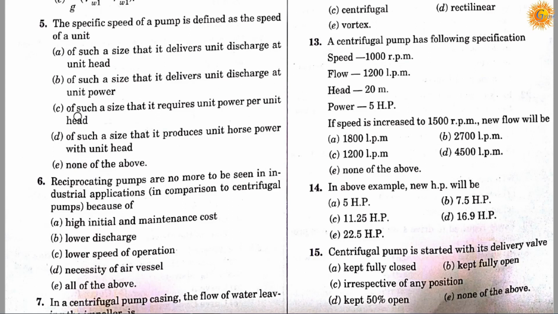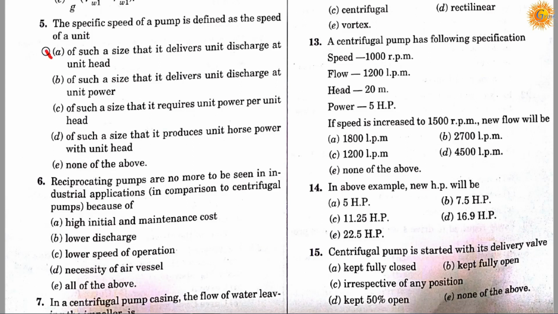Option C, of such a size that it requires unit power per unit head. Option D, of such a size that it produces unit horsepower with unit head. And option E is none of the above.